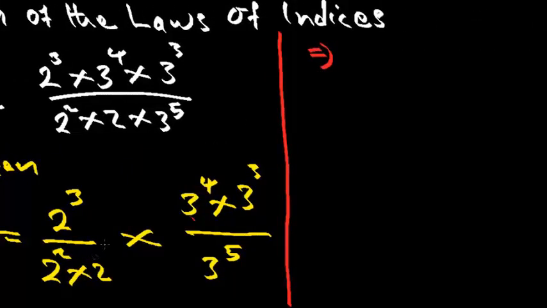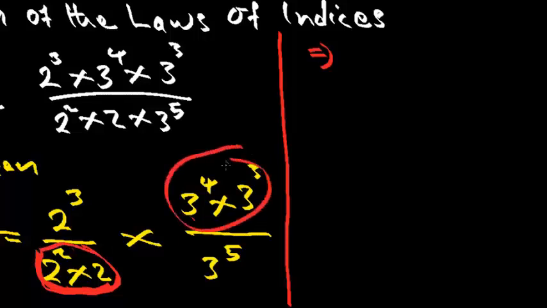Then down here, we are going to apply the indices law of multiplication to this side. We also apply the indices law of multiplication to this side as well, because we have the bases being the same, 3, 3, and here the down 2, 2. So that means we are getting 2 exponent 3, then we have 2, the exponent here is 1, so we add 2 to 1, that will be 3.